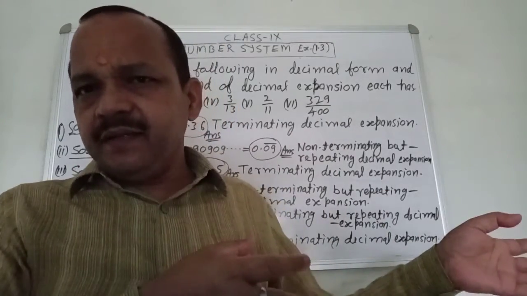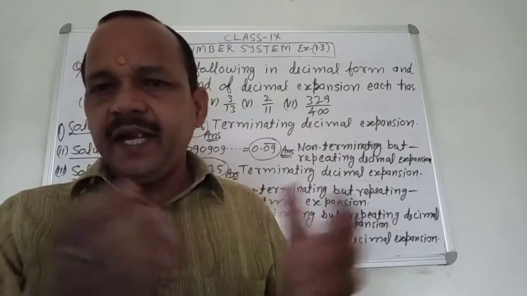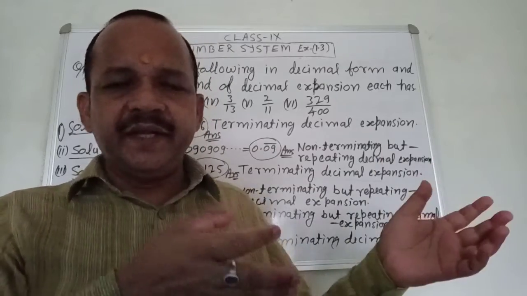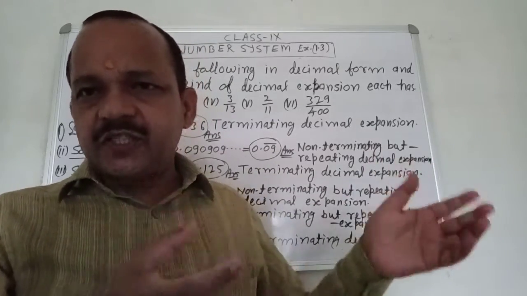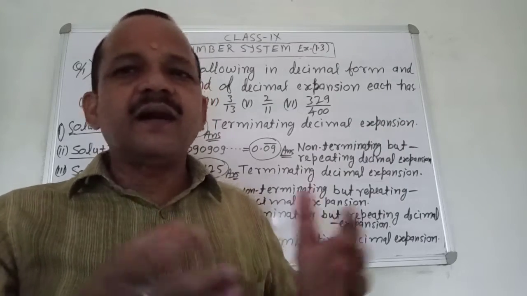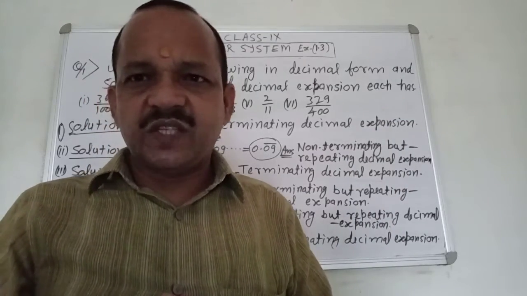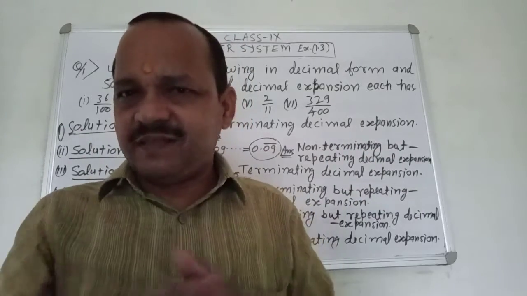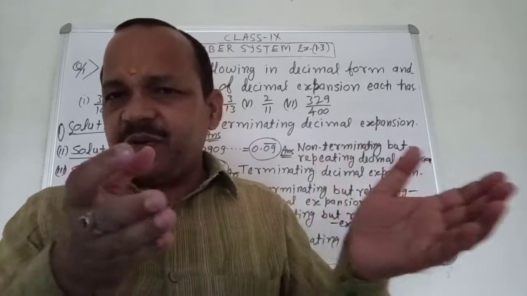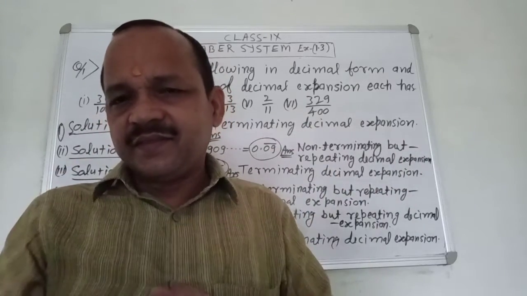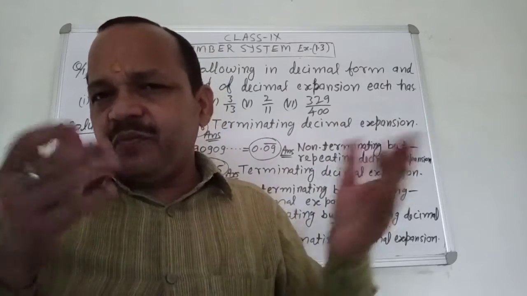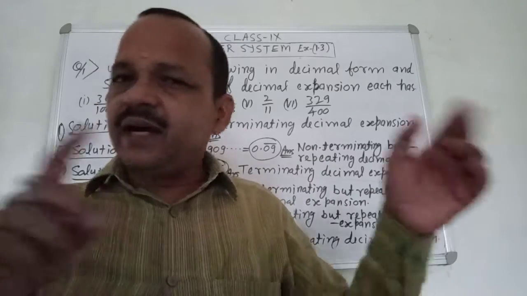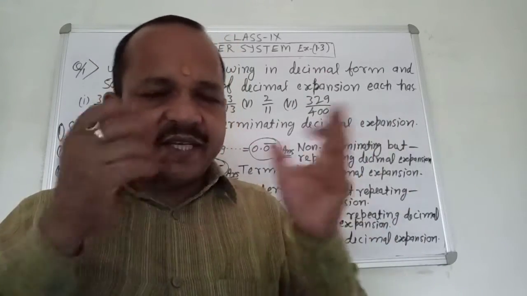You divide the given fraction and you can find its decimal expansion, and you can declare it is a terminating decimal expansion or a non-terminating decimal expansion. Terminating and non-terminating decimal expansions are very easy. A given fraction is declared terminating or non-terminating by the dividing method.